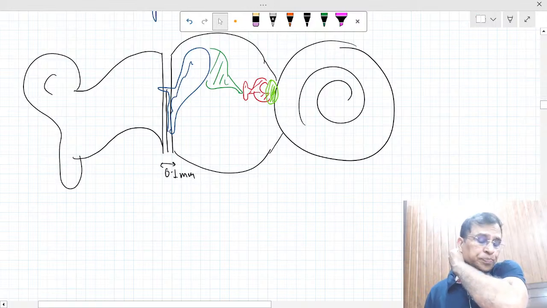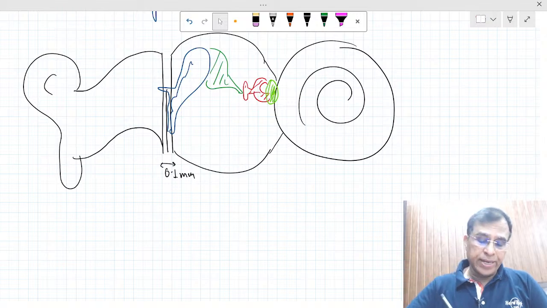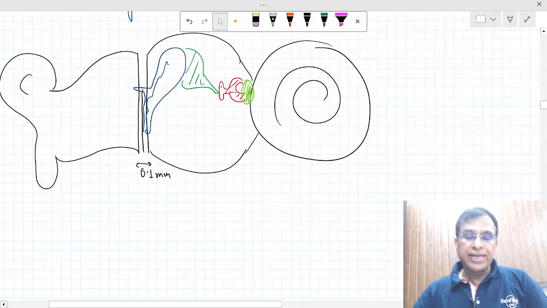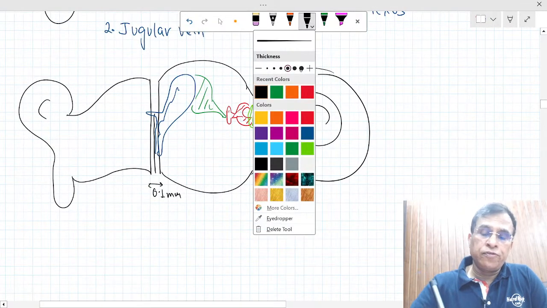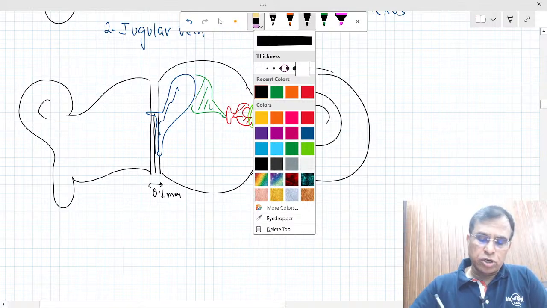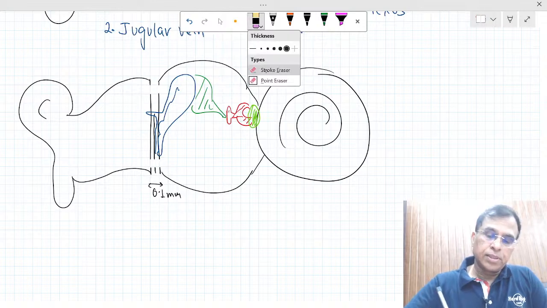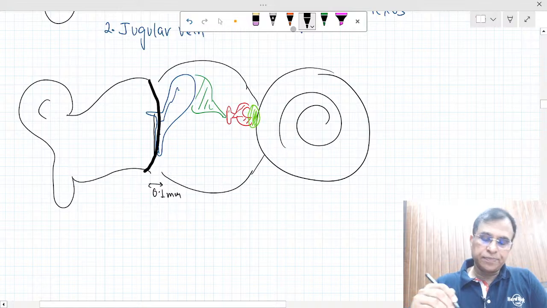Now I told you that although tympanic membrane has 3 layers, which is shown in your diagram here, actually they look like one layer. They all joined, fused into each other. So I must draw it like one layer. So I will draw this like this, one layer.